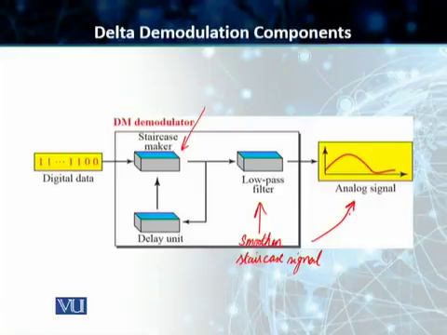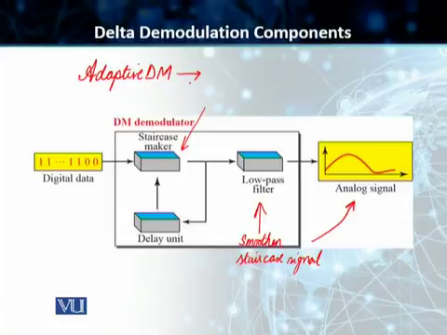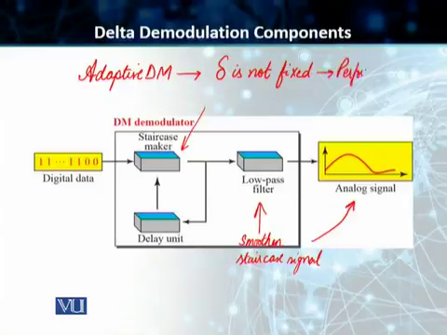Students, before leaving this, we will talk about one additional concept, and that is of adaptive DM, or adaptive delta modulation. Students, the scientists and experimentationists, they found out that if we employ different values of delta, if delta is not fixed, then the performance of delta modulation goes up.